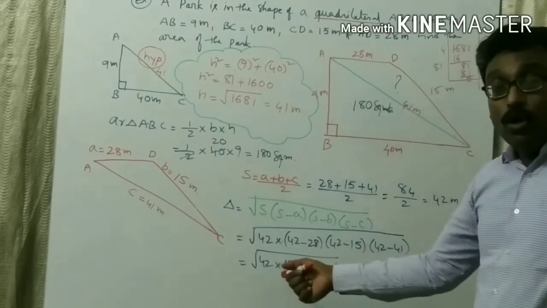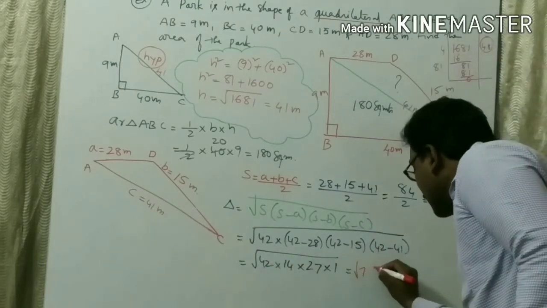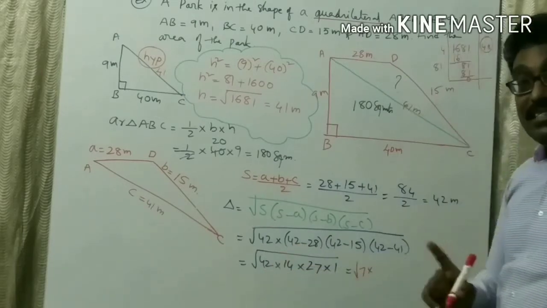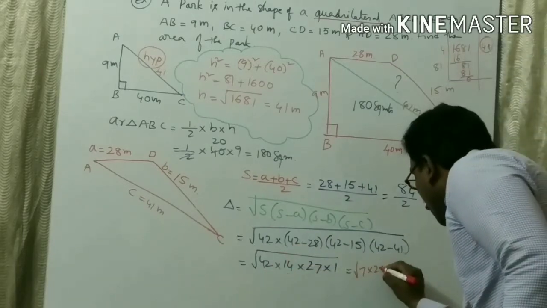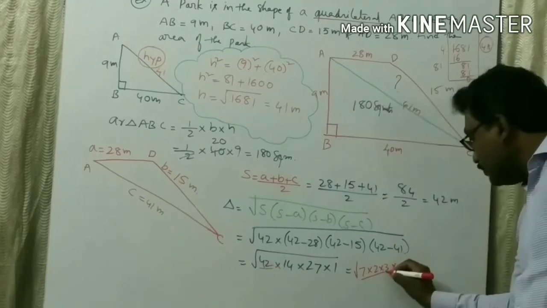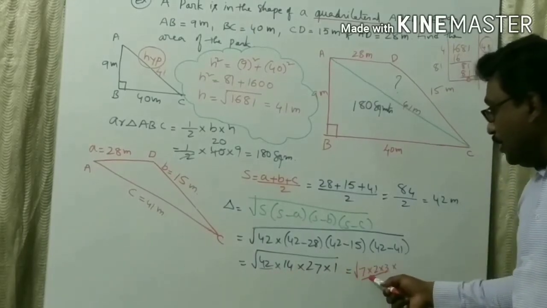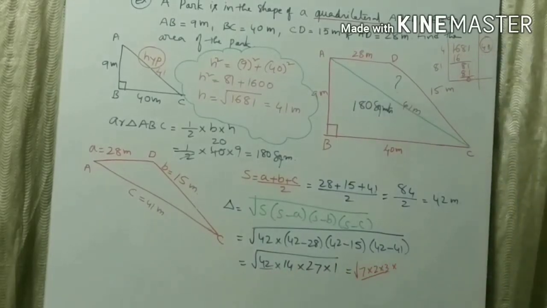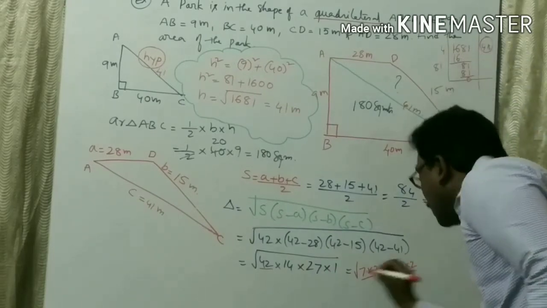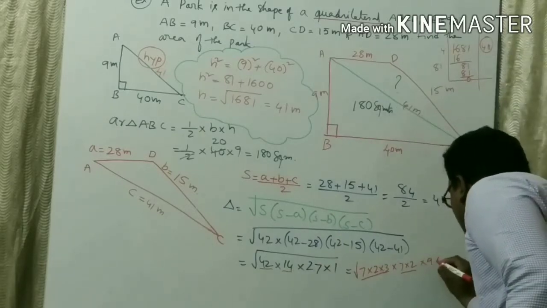Now I am finding the root by using the prime factorization method. 42 can be written as 7 into 6, and 6 I am writing as 2 into 3. So 42 is 7 into 2 into 3. Now come to 14, which is 7 into 2. 27 is 9 into 3.